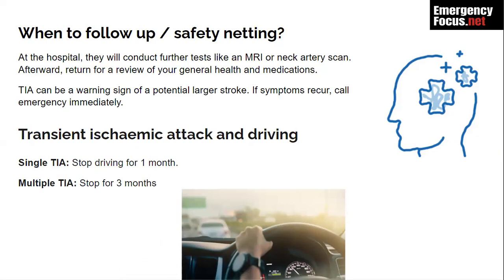And after you are done with the hospital management and you are back home, how about I see you next week in my clinic and we discuss how to prevent further episodes, and I'll discuss the medications with you. Meanwhile, till you are seen by the hospital staff, if you get those symptoms again, please call emergency immediately from your phone. This is how you safety net the patient.